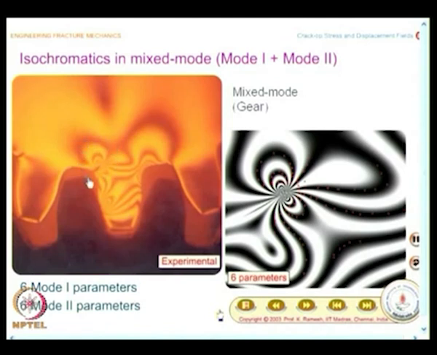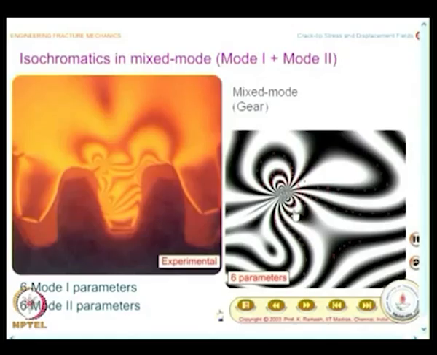Even for such a complex situation, you find that a 6 parameter solution, involving 6 mode 1 parameters and 6 mode 2 parameters, has reasonably captured the fringe field. In fact, this is a success. It is a demonstration that we have reasonably understood the near field stress state of the crack. That is the way you have to look at it.